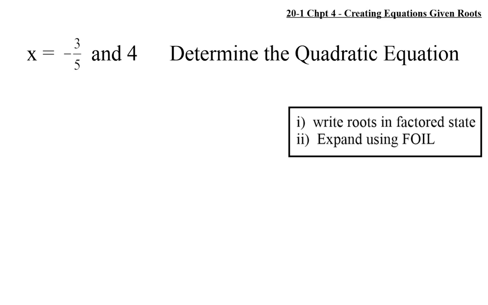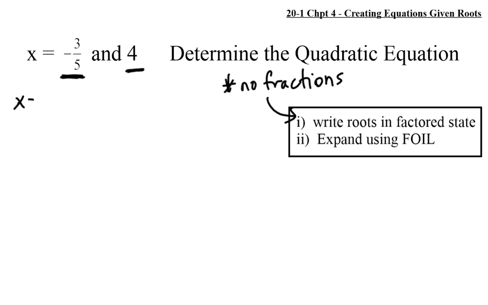Except, situation, a little bit different. We have a fraction here. x equals negative 3/5, and then a whole value. Well, the big thing here is that when we're writing in factored state, we don't want fractions. So, if we don't want fractions, it's a little bit different.